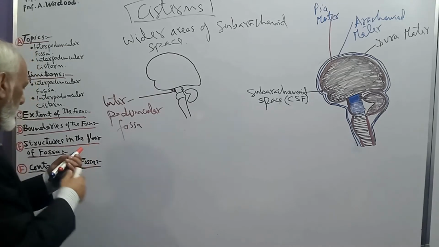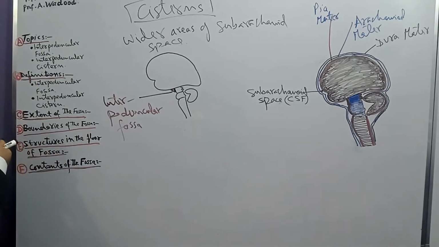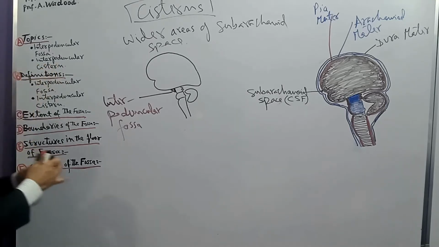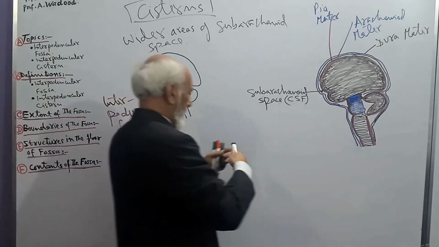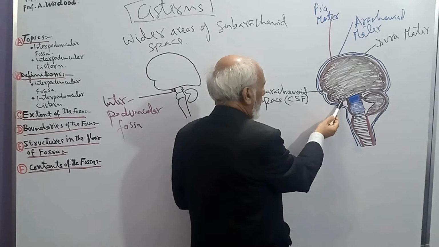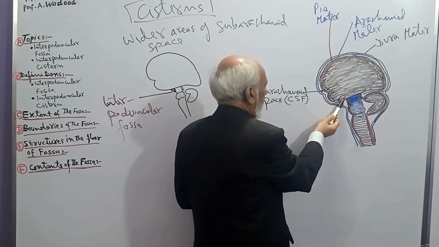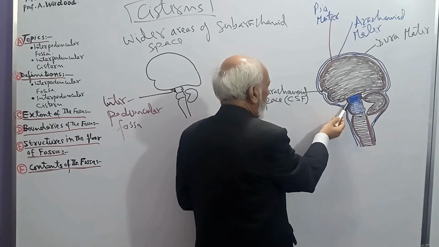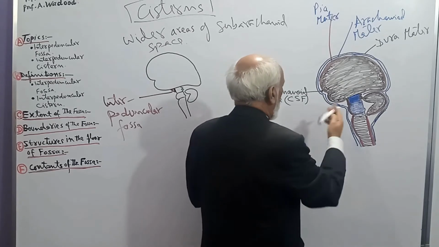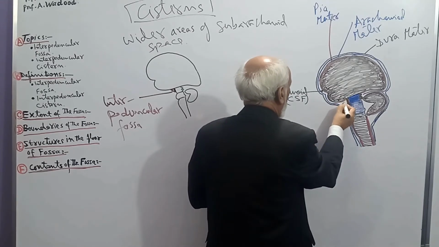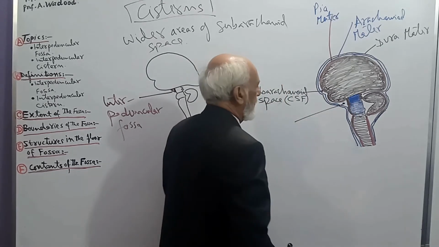is known as the interpeduncular cistern. Can you see here between the basal surface of the cerebrum and anterior aspect of the midbrain? Can you see the subarachnoid space is wider?